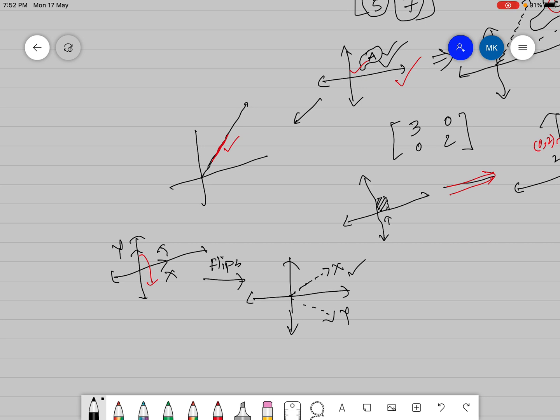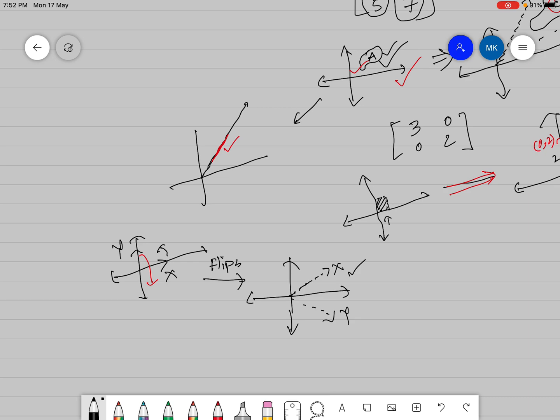This is like flipping a paper on the other side: every object on that paper has its orientation changed. In that case the determinant would be negative.